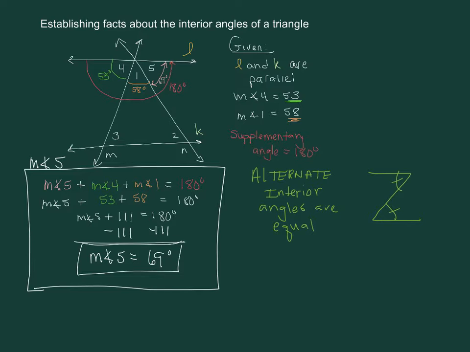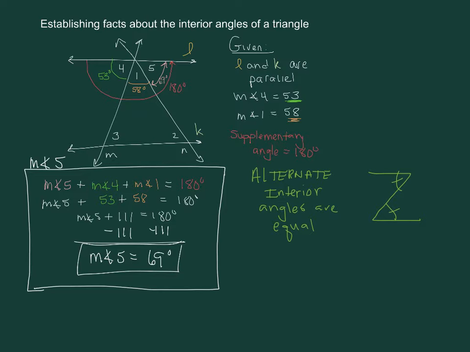So these would be the same degree, 53 specifically. Now, this only works when this line and this line are parallel. Luckily for us, they've identified L and K as being parallel lines, so this Z idea works really well.